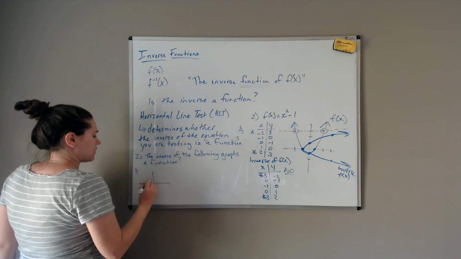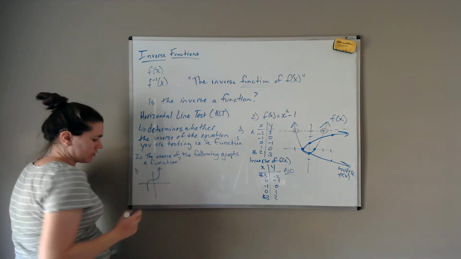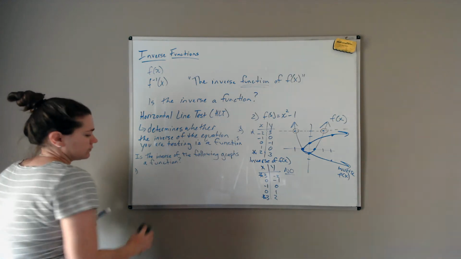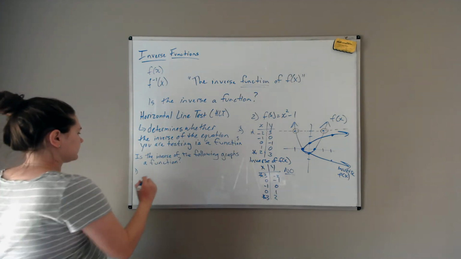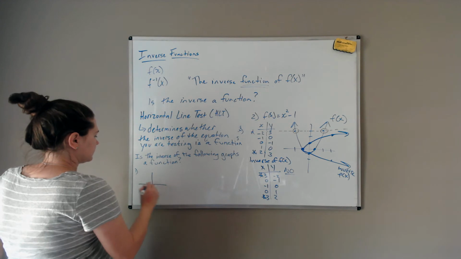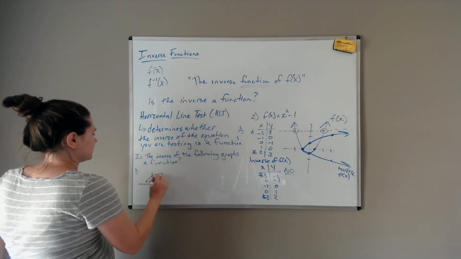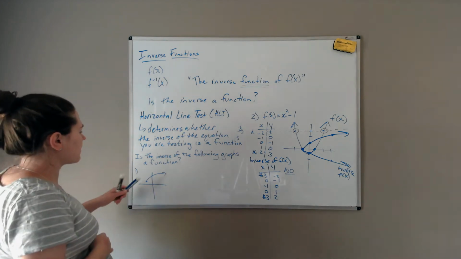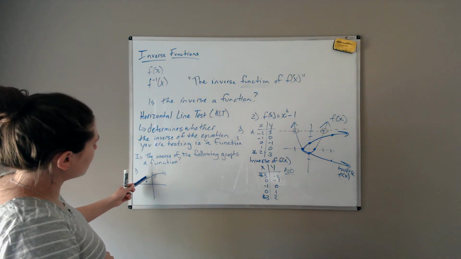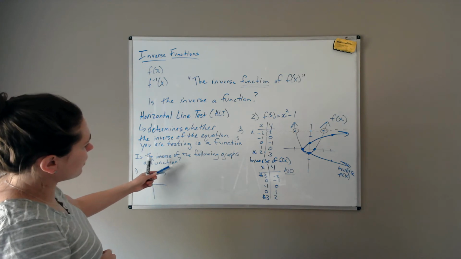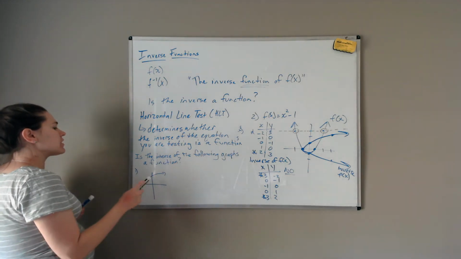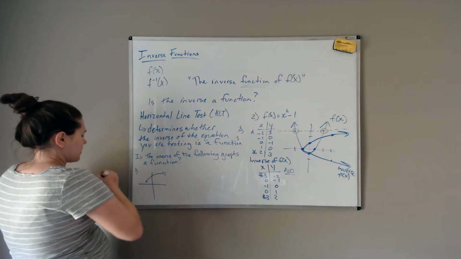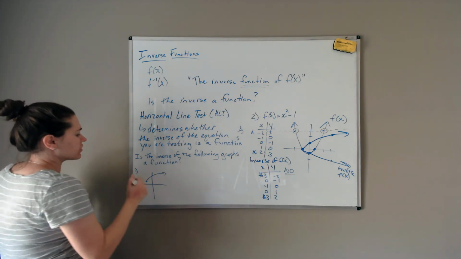Okay, so for this function, number 1, we can see we start here and we keep growing up, up, up, and we're going up. So if I want to know whether or not the inverse of this would be a function, I would want to apply the horizontal line test to this graph.